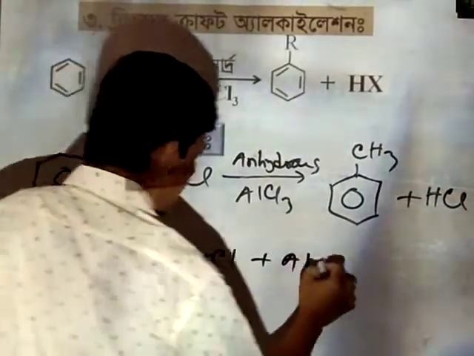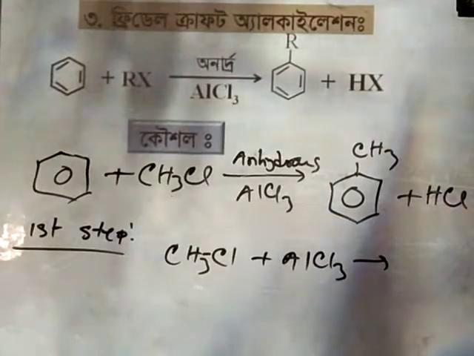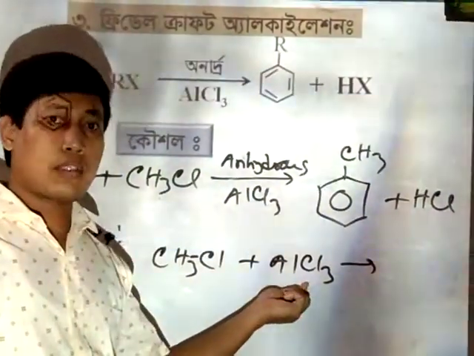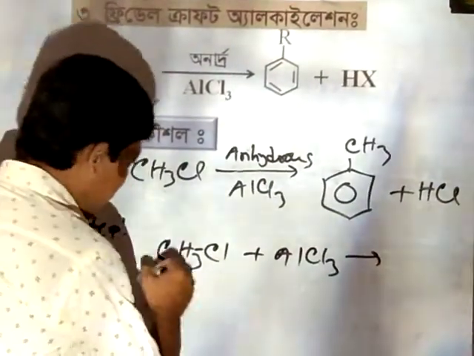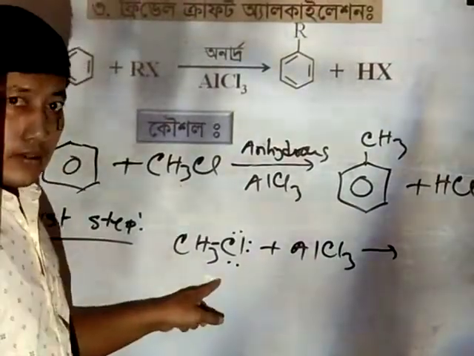reacts with aluminum chloride. I have just said that aluminum chloride is the Lewis acid, which is an electron deficient compound. Here, in methyl chloride, there is a lone pair of electrons.